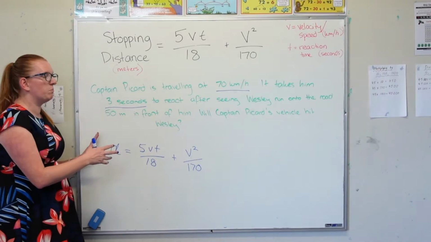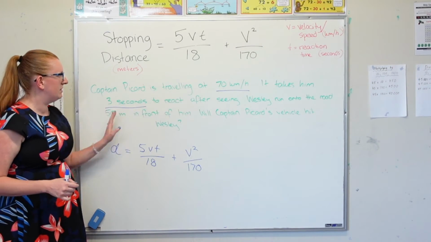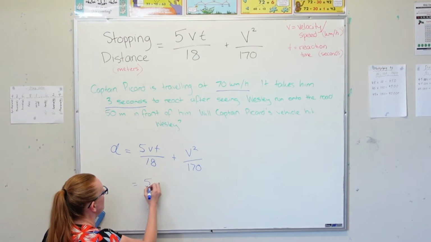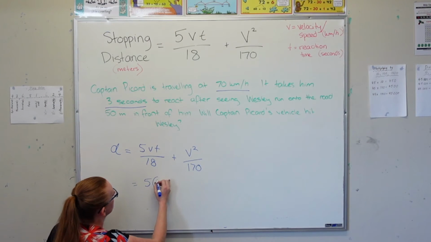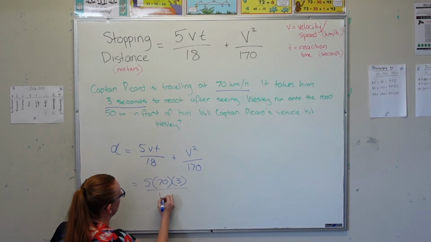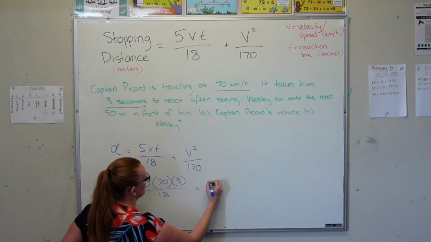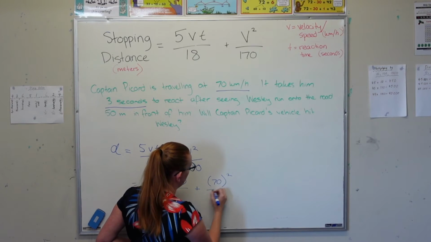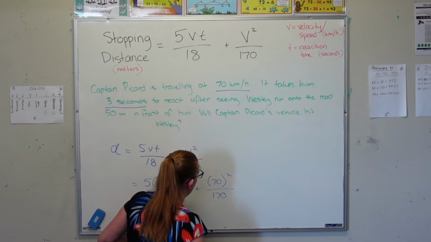Now I'm going to put these numbers into my formula. So it's 5, V is 70, my time was 3 seconds, over 18, plus my V was 70 squared over 170. Okay, cool.